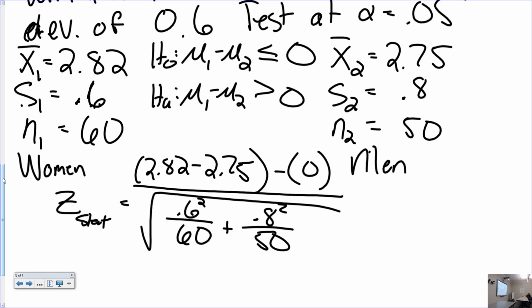Fun calculator punching, right? 2.82 minus 2.75 divided by the square root of 0.6 squared divided by 60 plus 0.8 squared divided by 50, close the parentheses.